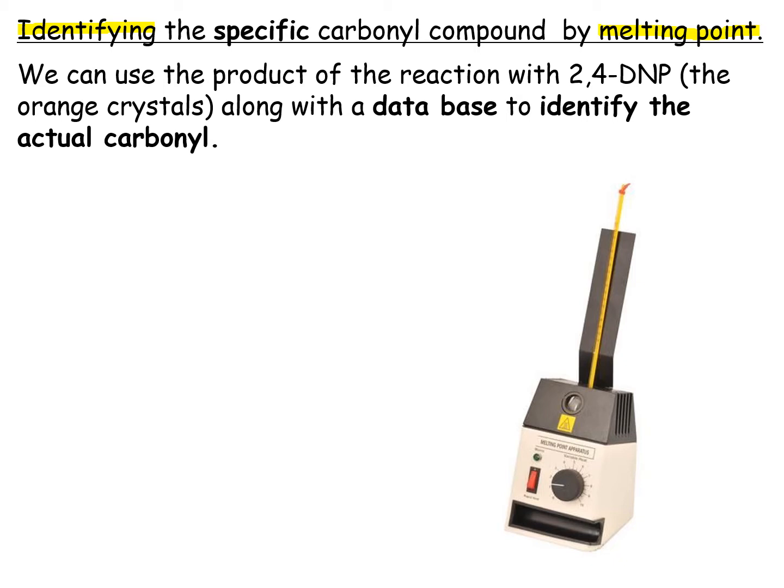But for now, here's a picture of a melting point apparatus that you might see in the lab. Talking you through it very briefly, it essentially comprises a heater. So you've got your heater here at the bottom, and you can control the temperature of that.